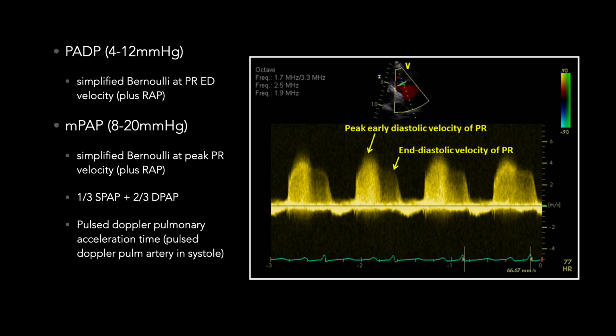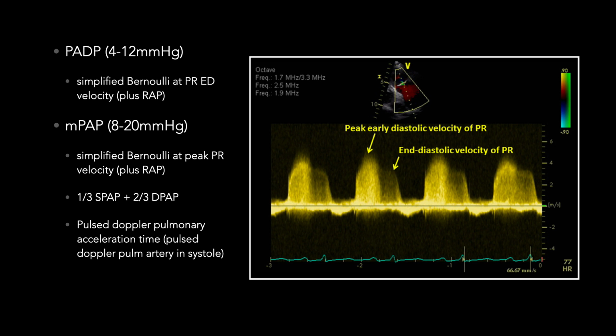So the same principles can be used to measure pulmonary artery diastolic pressure and mean pulmonary artery pressure. Pulmonary artery diastolic pressure is estimated using the PR end diastolic velocity and applying the simplified Bernoulli equation. And likewise, mean pulmonary artery pressure is estimated using the PR peak velocity and applying the simplified Bernoulli equation.